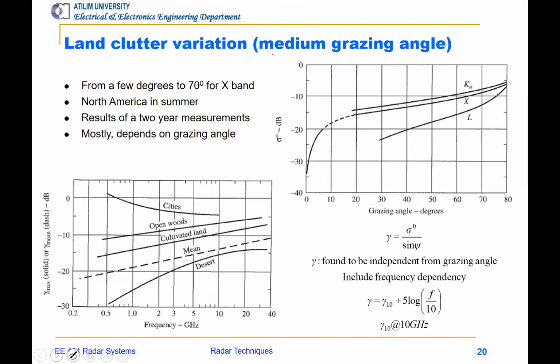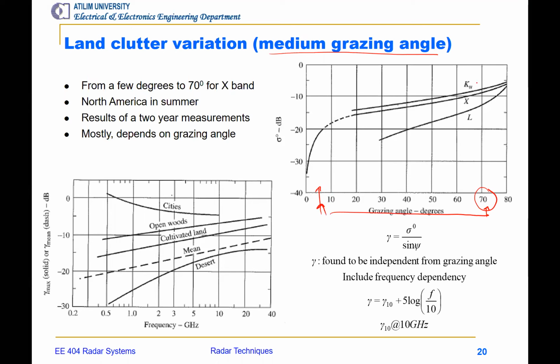Okay, how about medium grazing angle? For medium grazing angle, we talk about several tens of degrees, up to 70 degrees, right here, for example, from 5 degrees here, goes up to 70 degrees in these measurements.